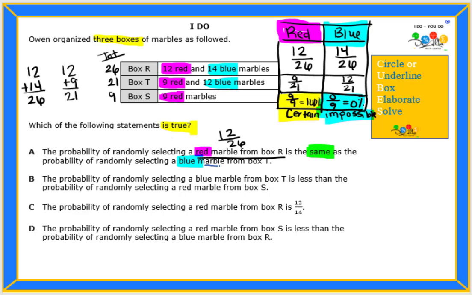That would be 12 out of 21. So it is true that they both have 12 marbles. So box R has 12 red marbles and box T has 12 blue marbles. But the probability, remember, is over the total, and their totals are not the same. So 12 out of 26 is not the same probability as 12 out of 21. That is false.